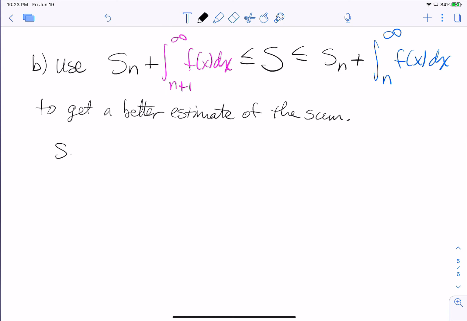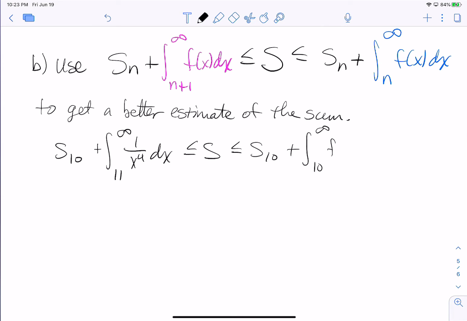What this means for us, since we use s sub 10, is that the sum s is between s sub 10 plus the integral from 11 to infinity, that's the n plus 1, of 1 over x to the fourth dx, and s sub 10 plus the integral from 10 to infinity of, I almost wrote f of x, 1 over x to the fourth dx.